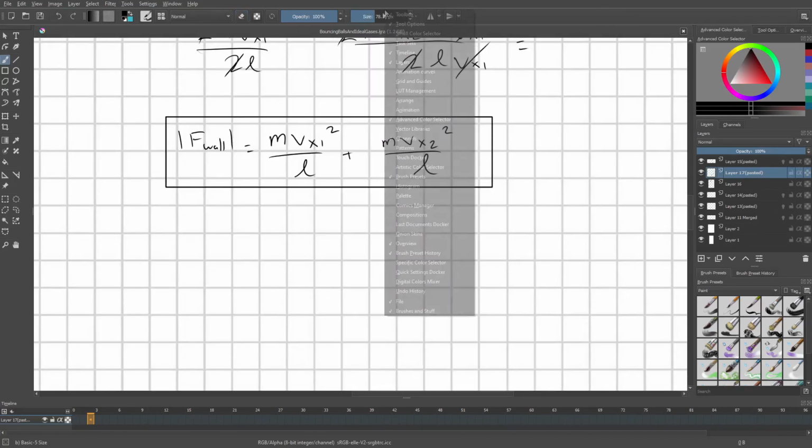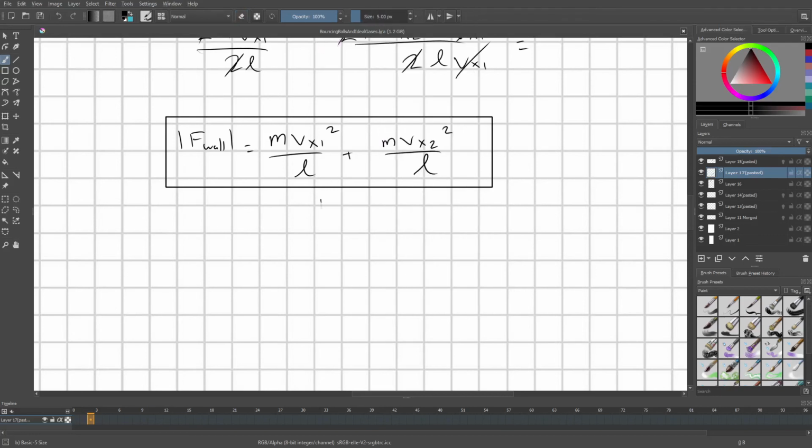But you could just as reasonably do it for that. I really hope that this process has convinced you that for n particles, the force on our walls would equal the sum from, let's use i as our counting variable, from i to n of m, all our particles have the same mass, vxi squared over L. And we can take the m and the L out because those are just constants.